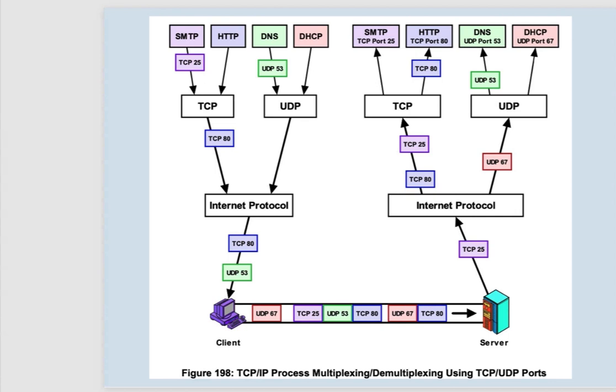So we can multiplex. We can have multiple conversations going on at the same time, and the speaker on one end ends up talking to the correct listener on the other end.